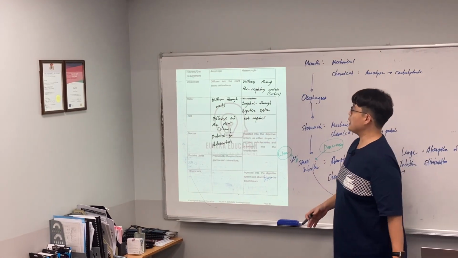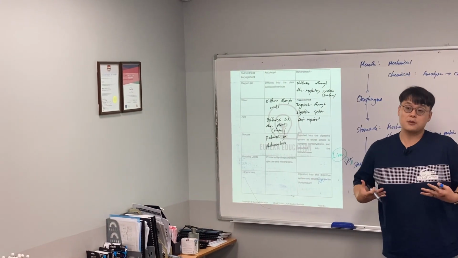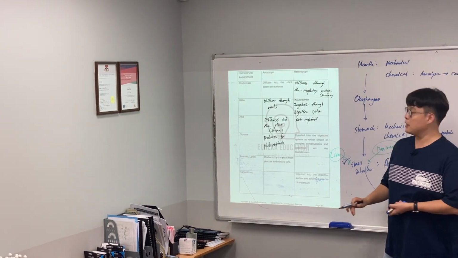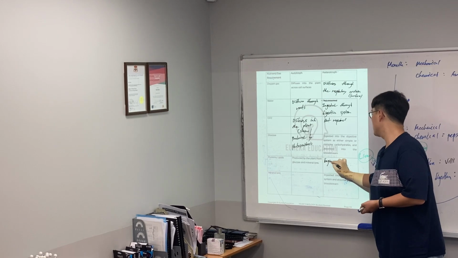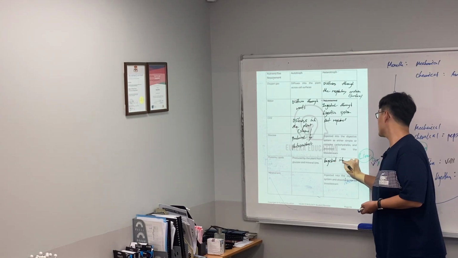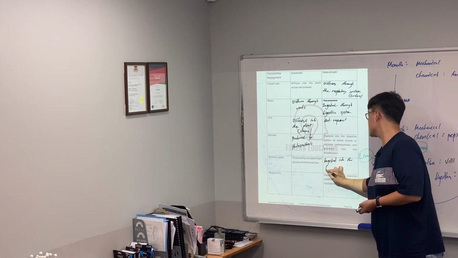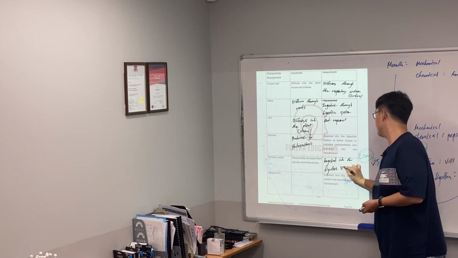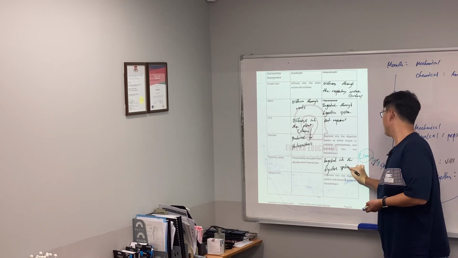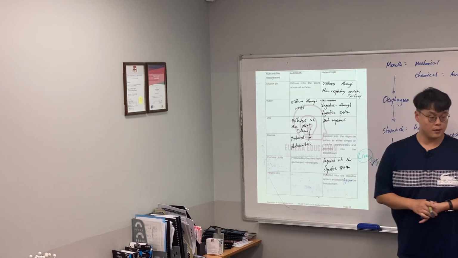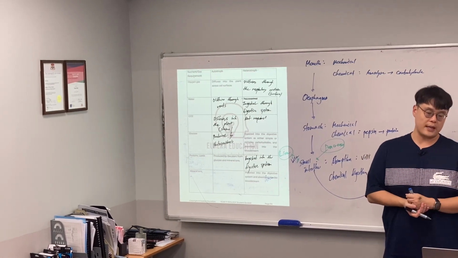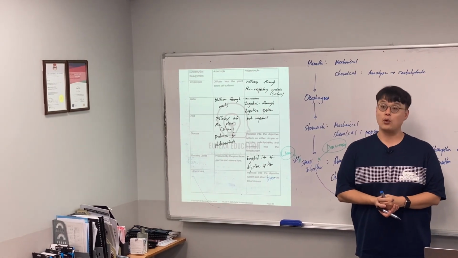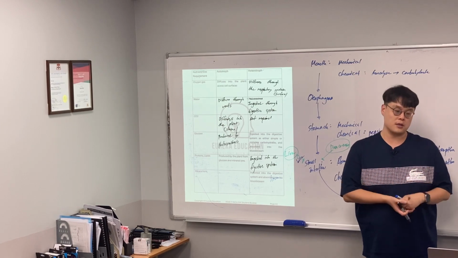Now, for heterotrophs, we can't produce protein by ourselves. So what we do is ingest it. Same here, ingested into the digestive system. And then it's basically the same. It goes to the bloodstream, as amino acids, fatty acids, and glycerols in terms of the smaller units.